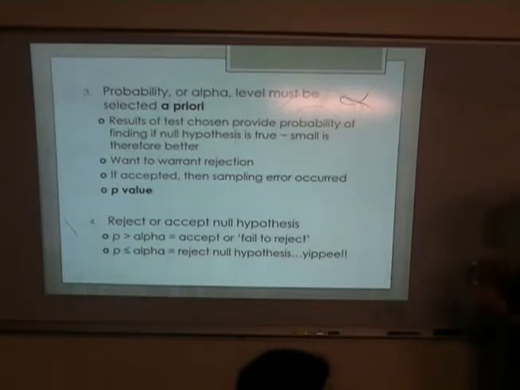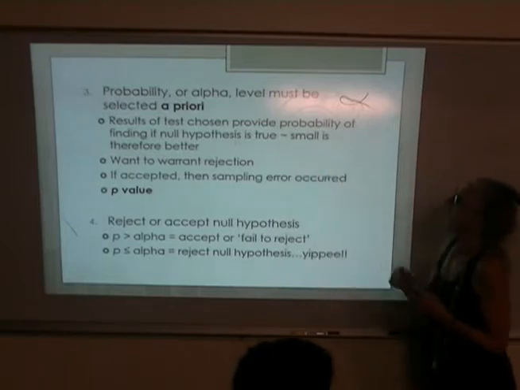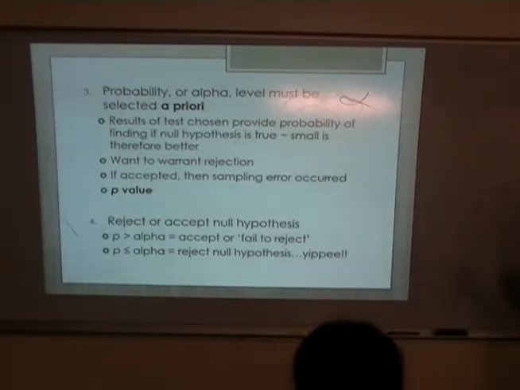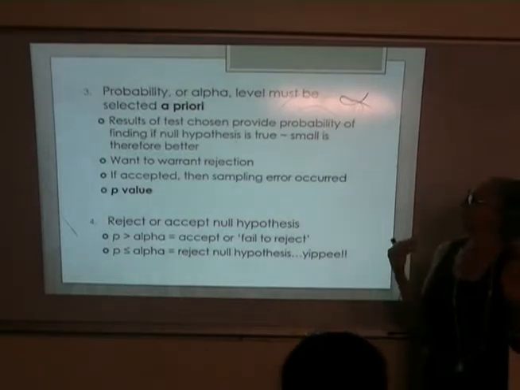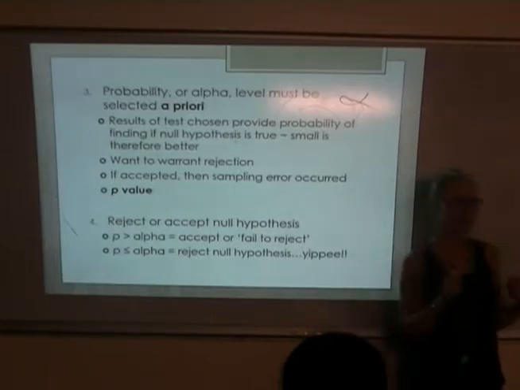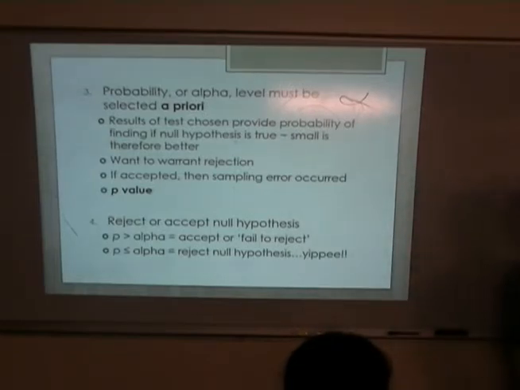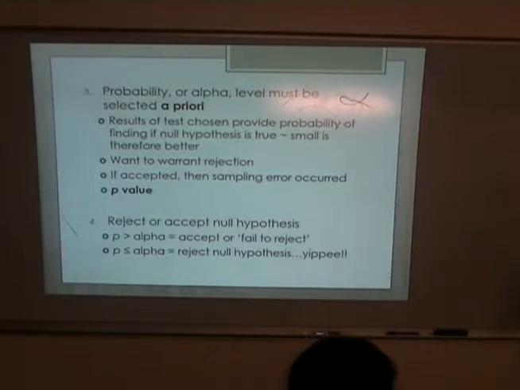And it represents the probability of finding the results of the statistical analysis if the null hypothesis is true. So we want it to be small because we don't want the null hypothesis to be true, right?